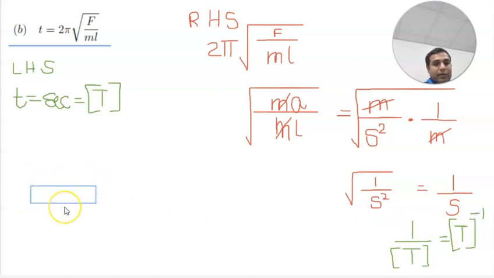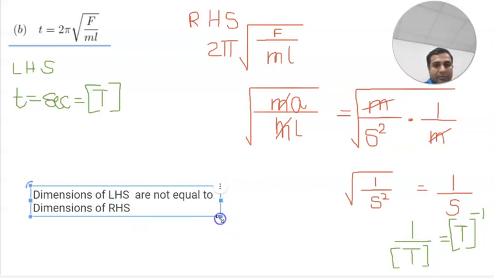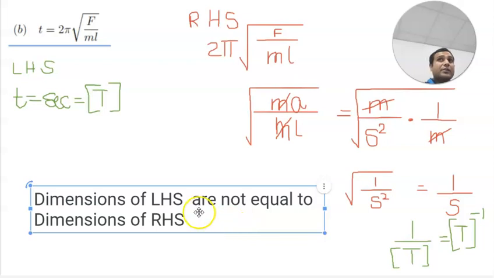When we look here, dimensions of left hand side are not equal to dimensions of right hand side, which means this formula is incorrect.